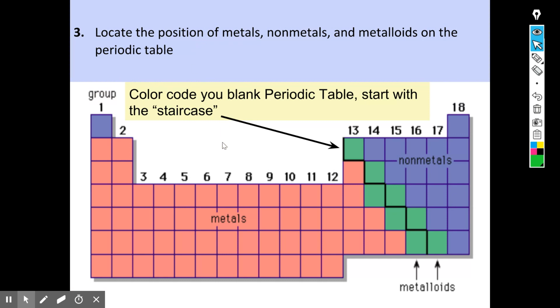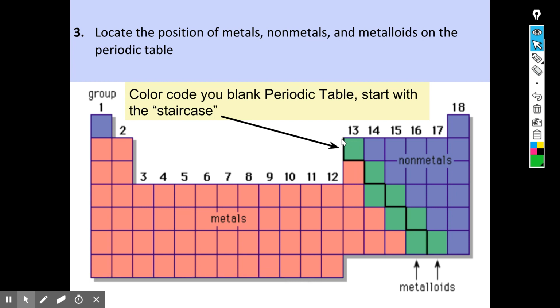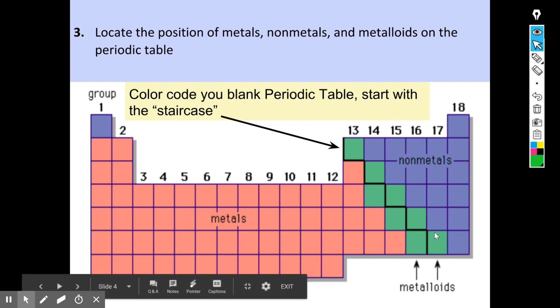You've already colored in your periodic tables, so you don't need to do this, but remember that we had this stair-step line that divided the metals from the nonmetals, and along that line are the metalloids. Even if you get a periodic table without one, if you start in this corner and just go down, over, down, over, down, over, you can tell where they are.